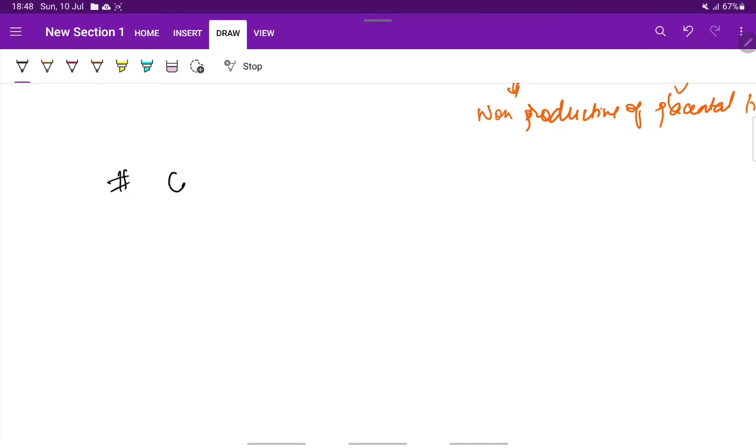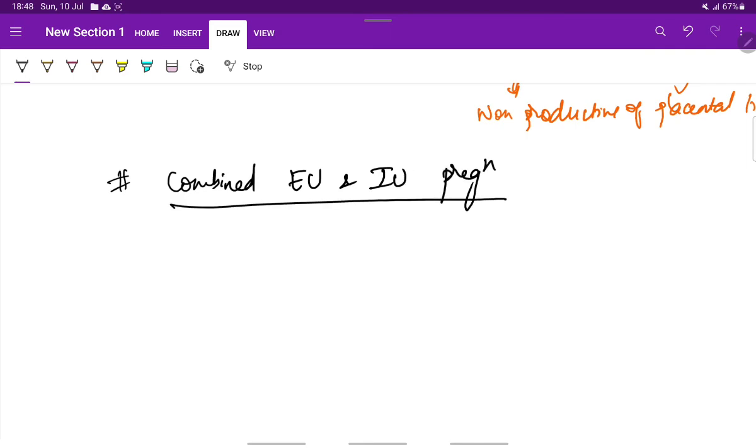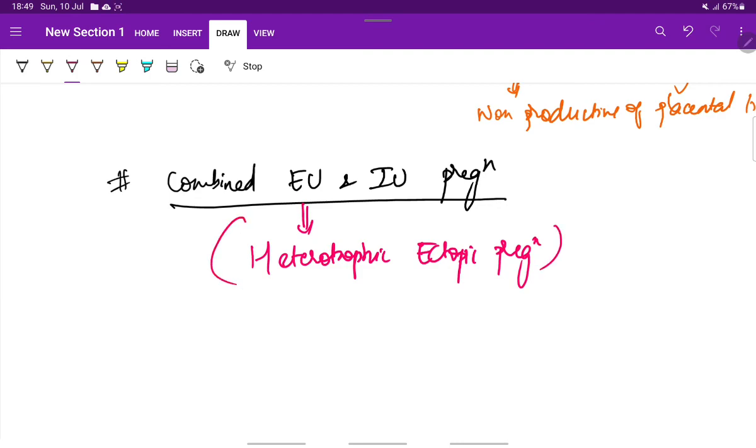Lastly, coming to the combined extrauterine and intrauterine pregnancies, this is called as heterotopic ectopic pregnancy, in which an intrauterine pregnancy is associated with a tubal pregnancy.